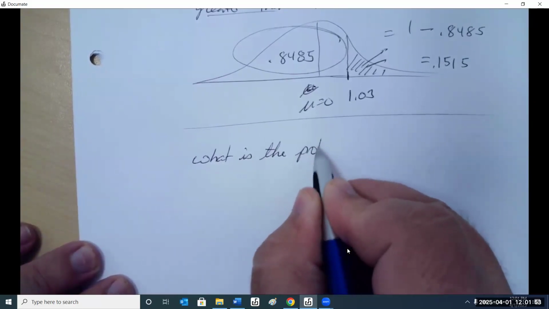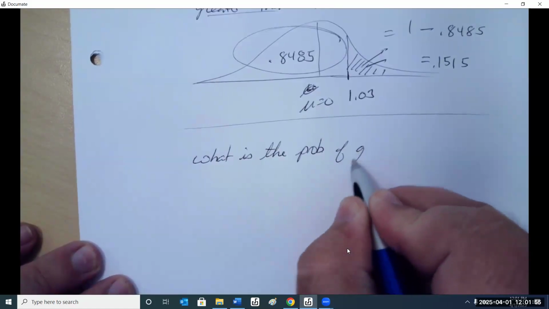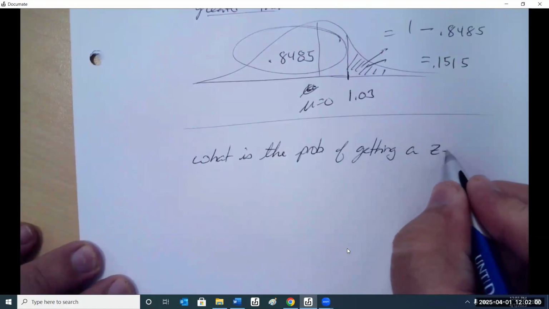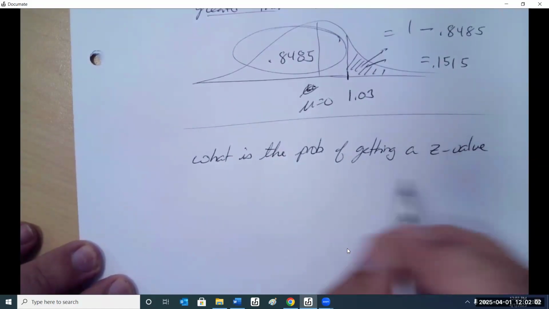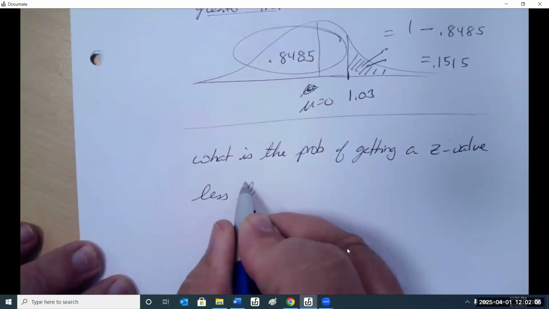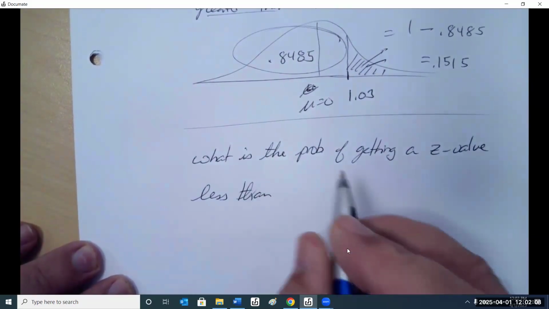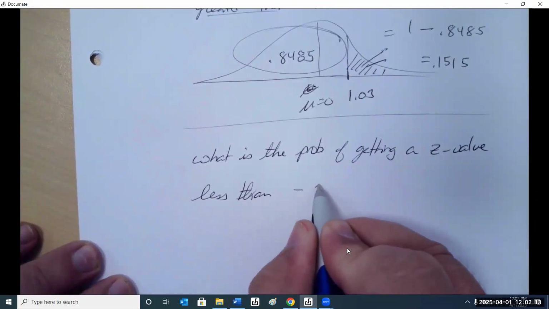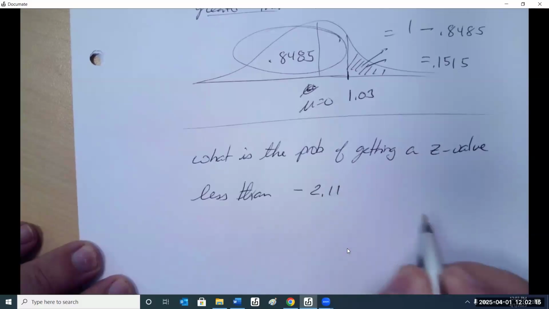What is the probability of getting a z value less than negative 2.11?